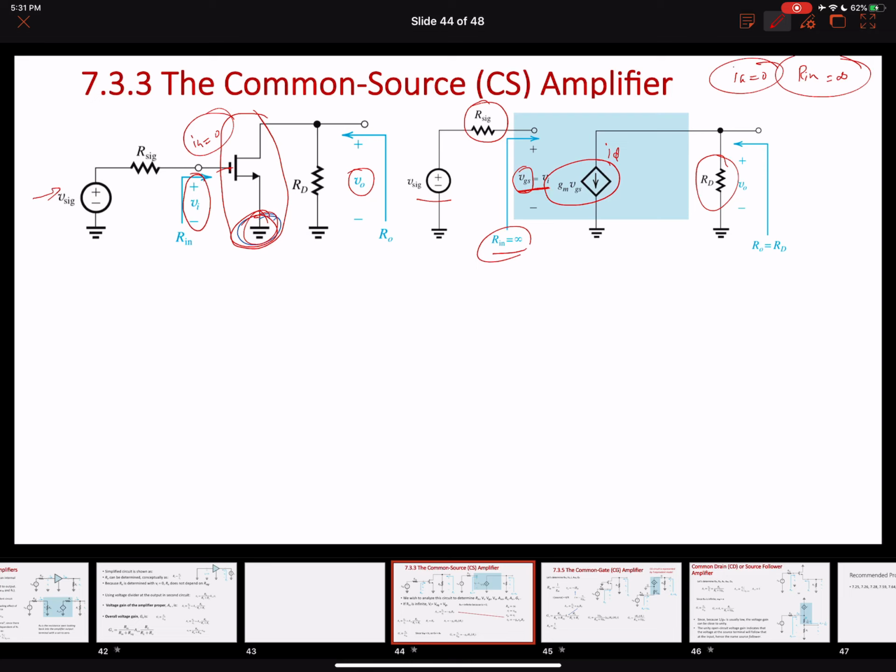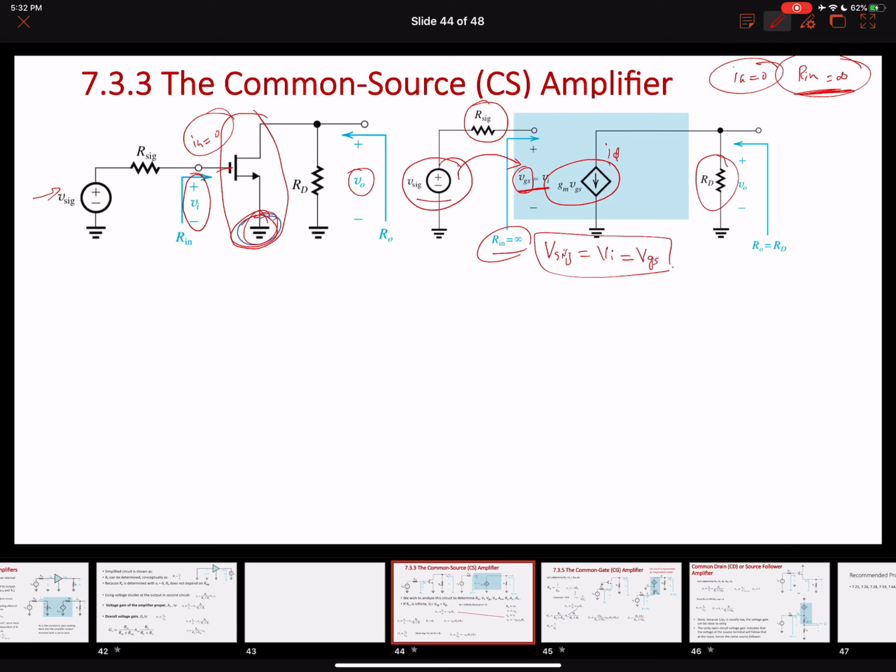So the interesting thing over here is that our input resistance is infinite because our gate current was 0, which means there will be no loading effect. Our signal voltage that we apply will appear as is at the input of the amplifier. So our V sig will be equal to Vi will be equal to VGS.